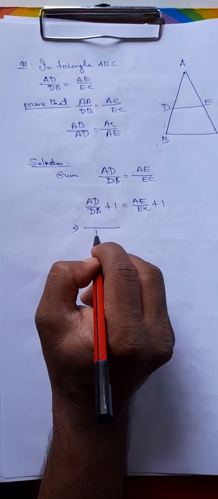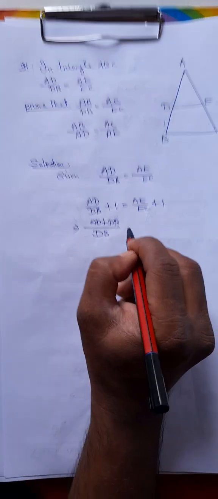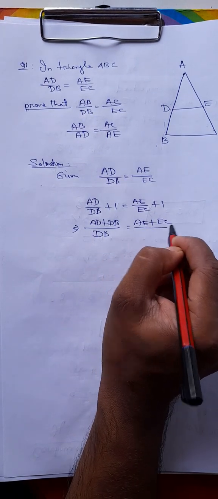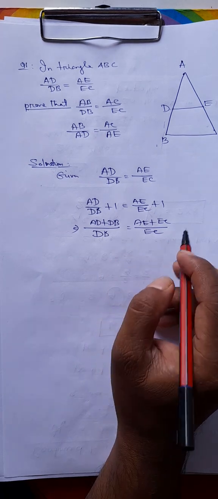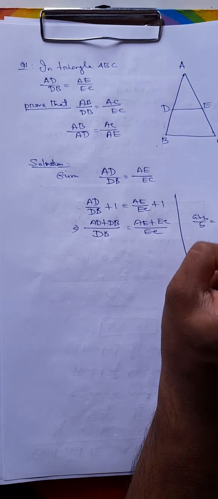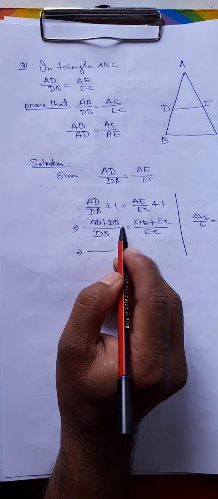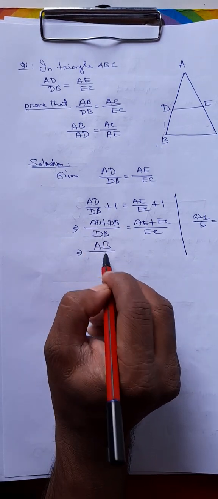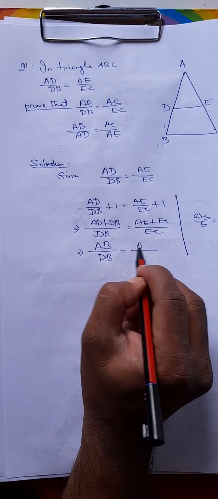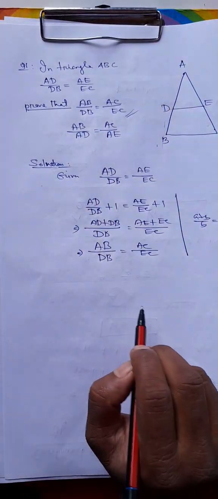This implies, LCM will be DB, (AD plus DB) by DB equal to (AE plus EC) divided by EC. So which property are we using? Componendo. (A plus B) by B equal to (C plus D) by D. This is the componendo. Now what is AD plus DB? This is AB by DB. What is AE plus EC? AC by EC. So the first one is proved, right?